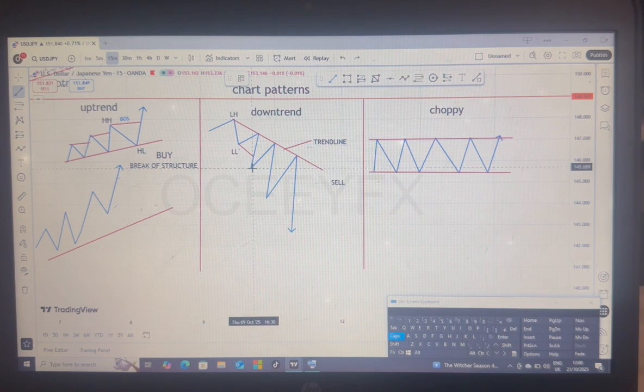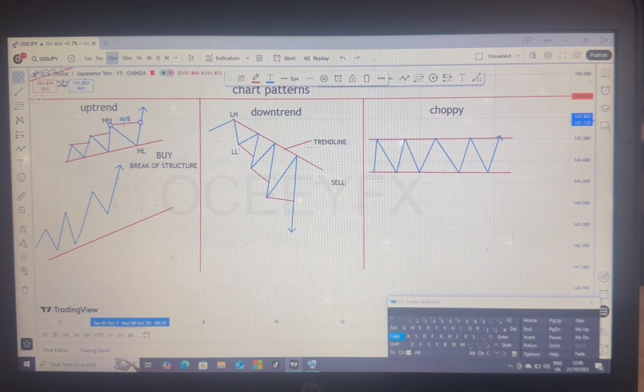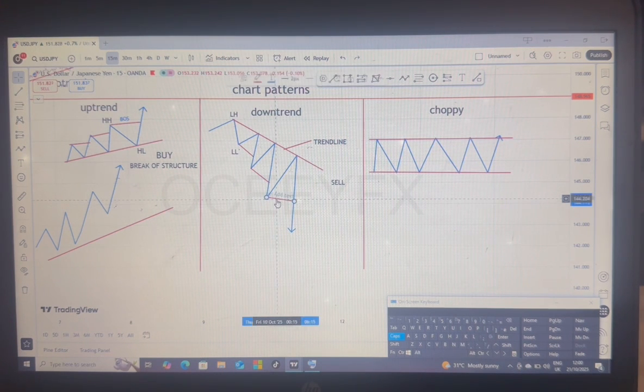My drawing might look funny, and you can laugh if you want to, but try and take this class seriously also. Let me remove this so I don't draw two times. Okay, so this is a break of structure.